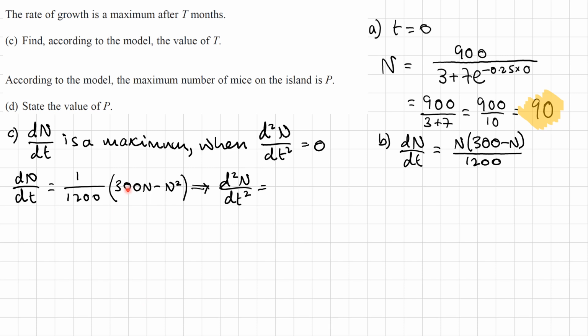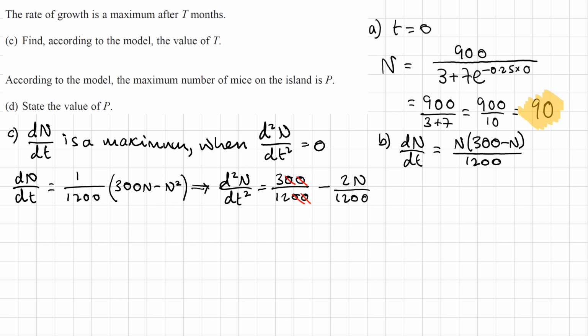When I differentiate this, I'll have 300, so I've got this constant here. So I'll basically have 300 over 1200. I can see that's going to cancel down to 3 over 12, which is going to be a quarter. And then minus, if I differentiate this, that's going to become 2n with this constant here.